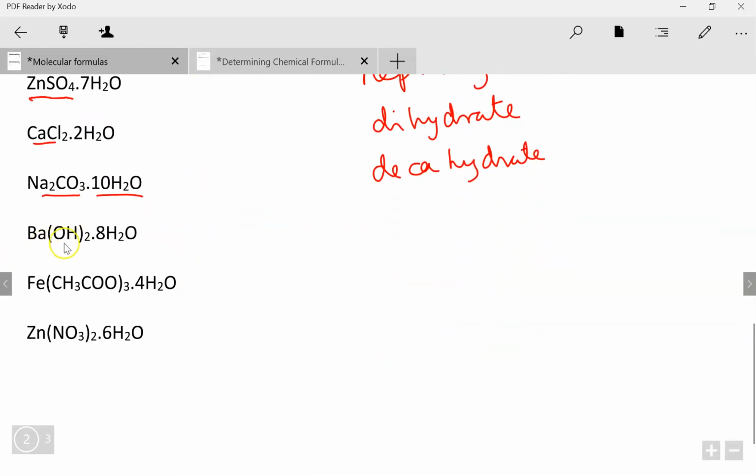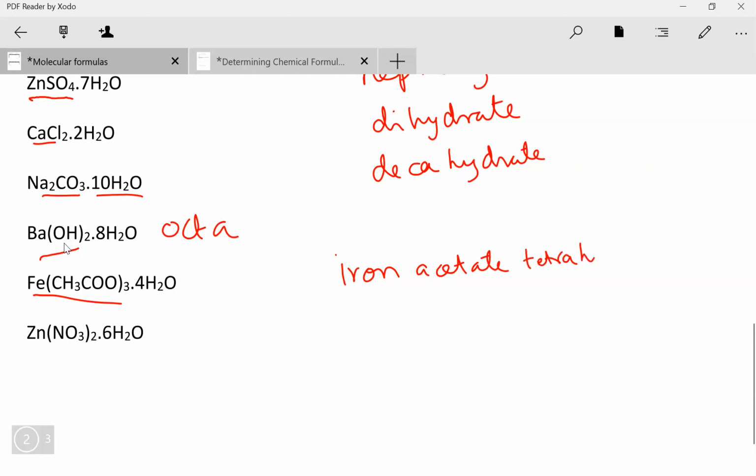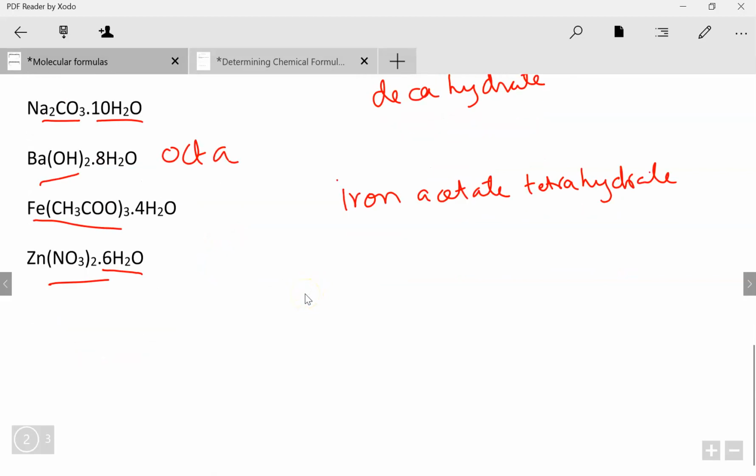This is barium hydroxide octahydrate. This one is iron acetate tetrahydrate, and zinc nitrate hexahydrate. So using a prefix chart at the back of your periodic table, you should be able to name all these compounds relatively easily.